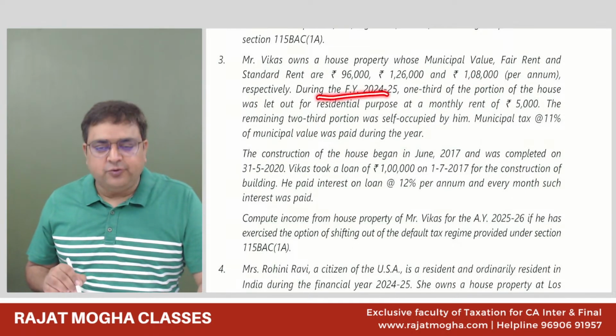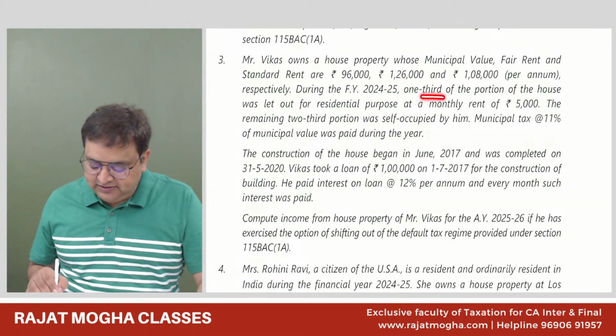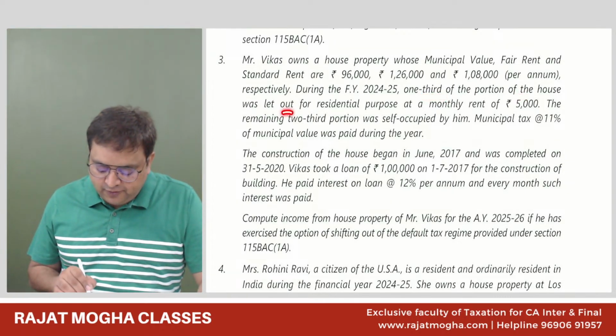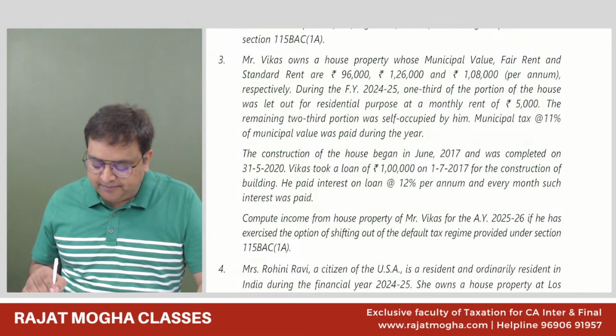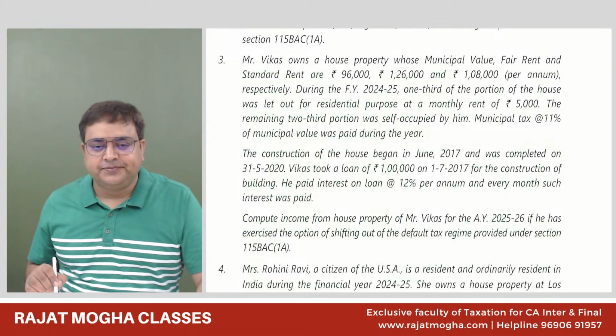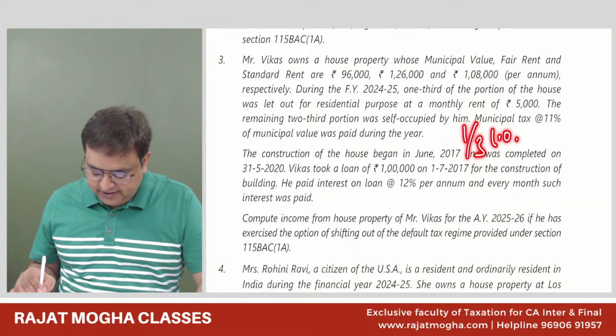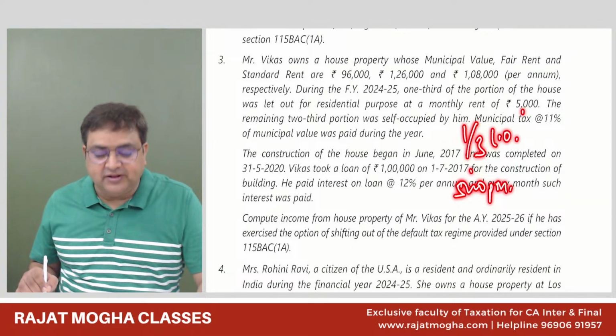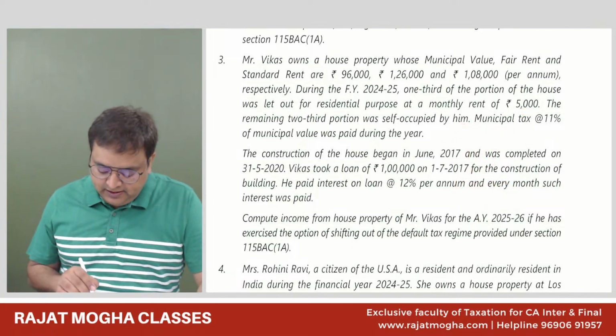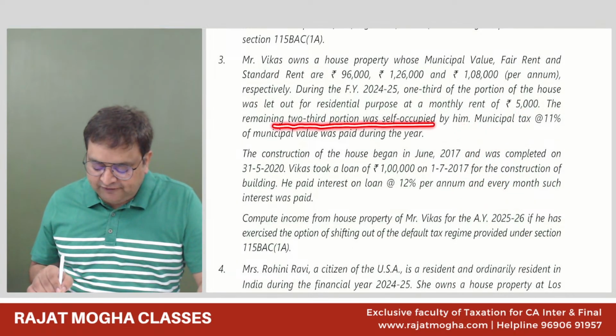During the financial year 24-25, 1/3 of the portion of the house was let out for residential purpose at a monthly rent of 5,000 rupees. So 1/3 portion is let out, and the actual rent is 5,000 rupees per month for that portion. The remaining 2/3 portion was self-occupied by him.